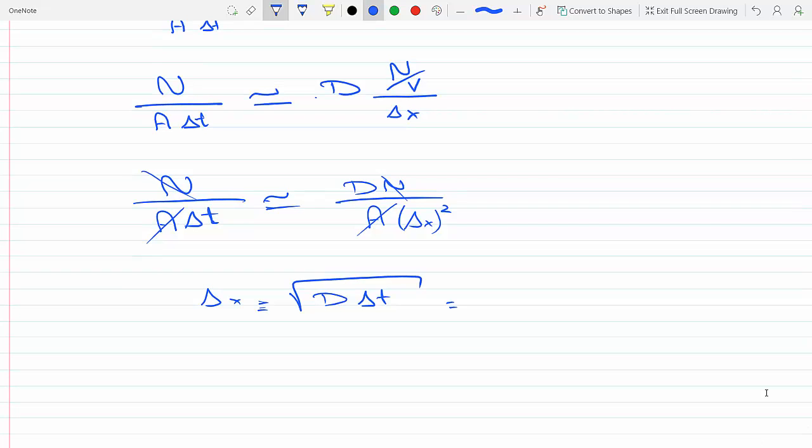Now if we plug in the numbers, in the book he gives the diffusion coefficient.